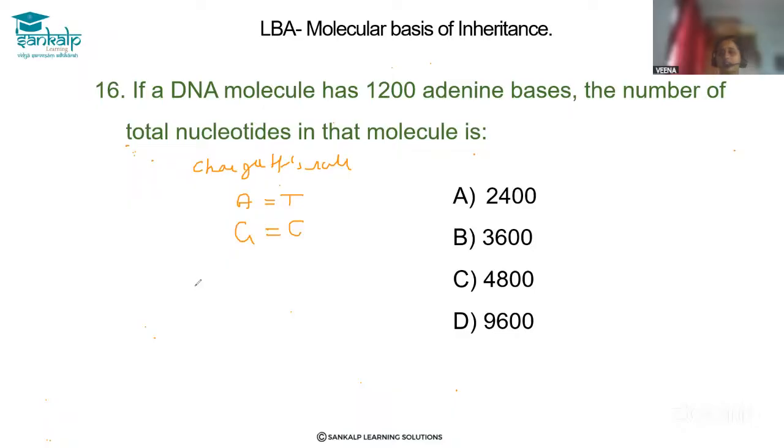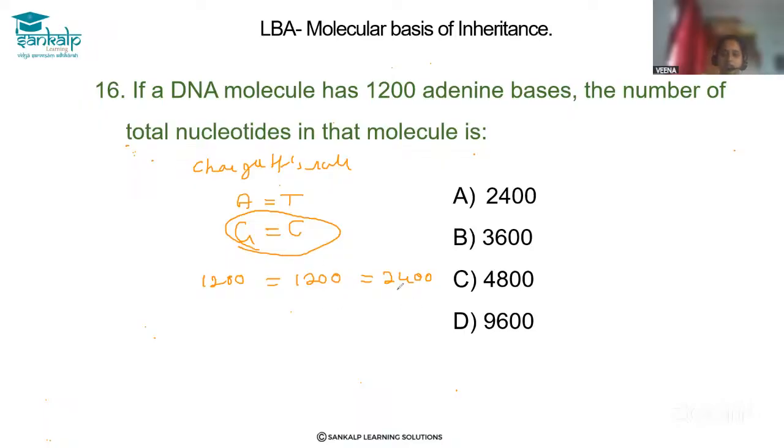Here adenine bases are 1200, so thymine also will be 1200, which becomes 2400. They are asking the total number of nucleotides, so we have to consider GC also.